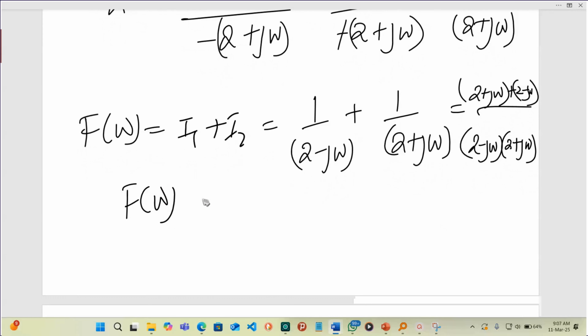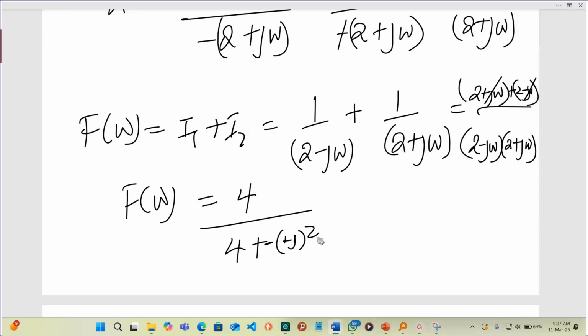So F of omega is 4 divided by 2 squared, then actually this is supposed to be minus, this is minus j squared omega squared, which becomes 4 divided by 4 plus omega squared.